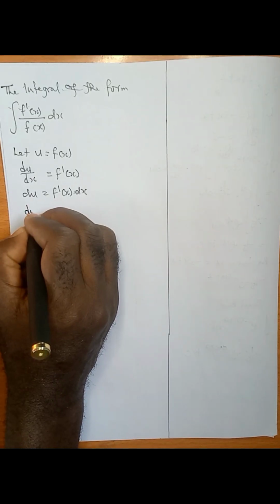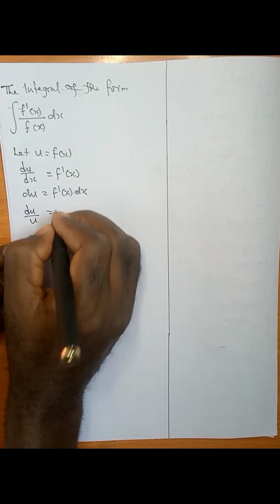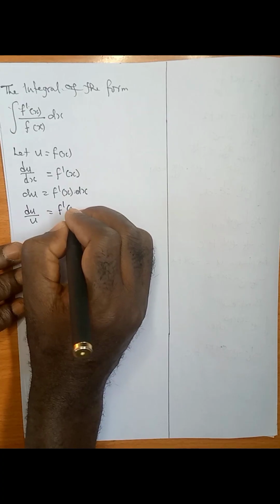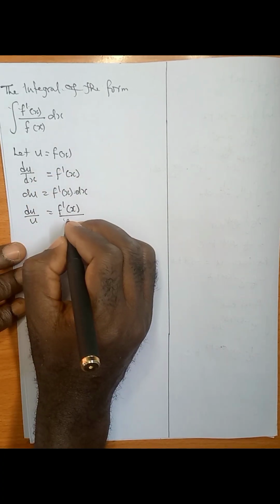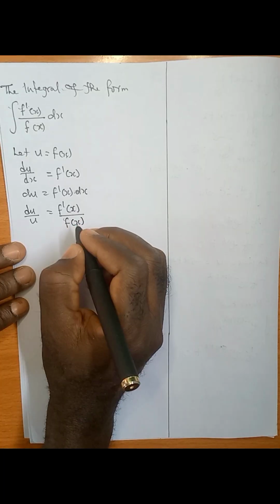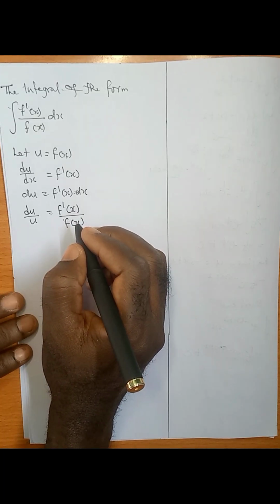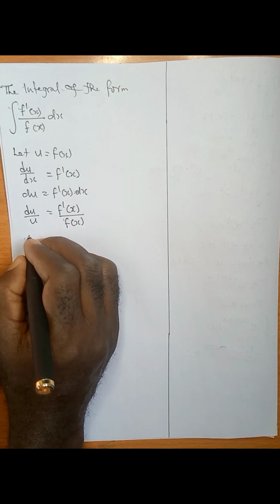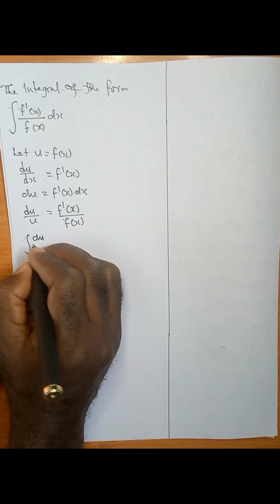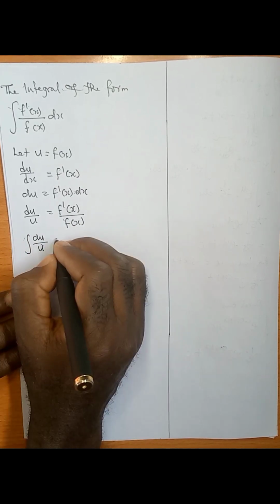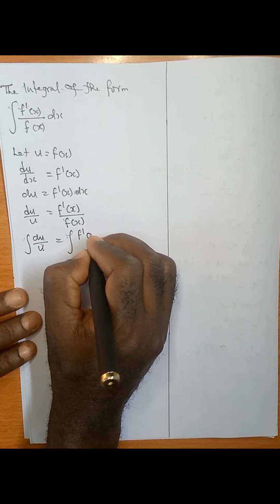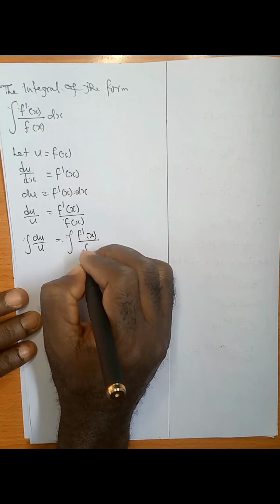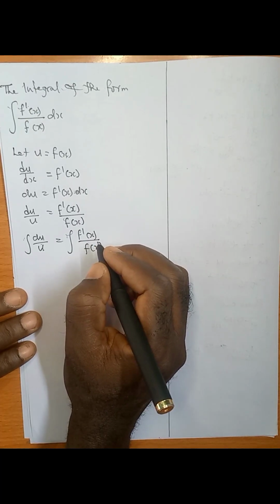Then we have du divided by u is equal to f prime of x divided by u, which is equal to f of x divided by f of x. Then the next thing is let us integrate both sides. We integrate du over u is equal to the integral of f prime of x over f of x.